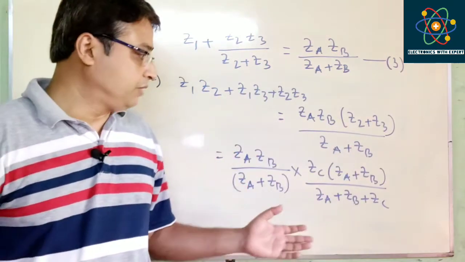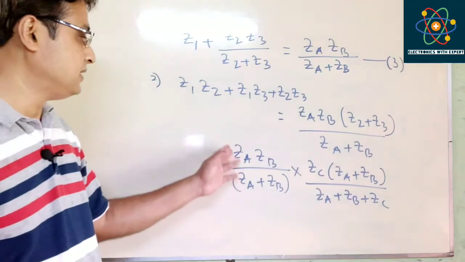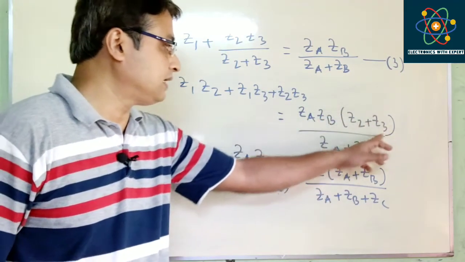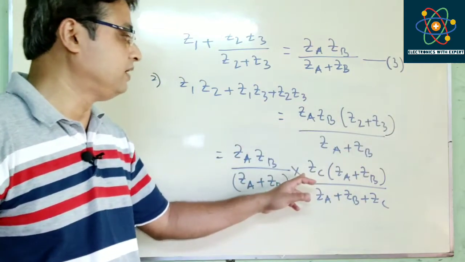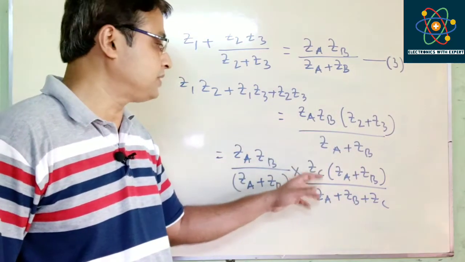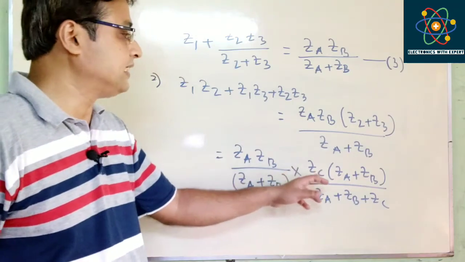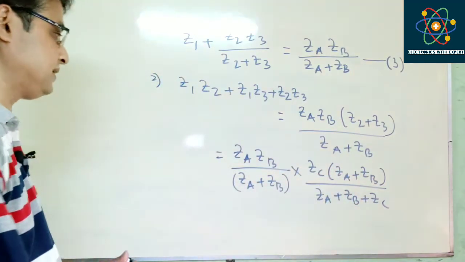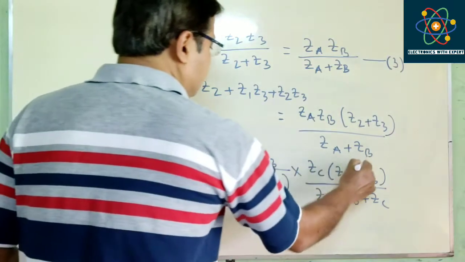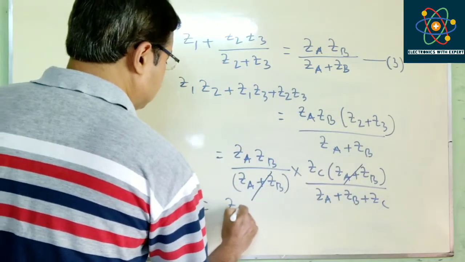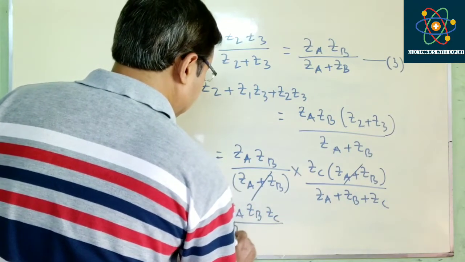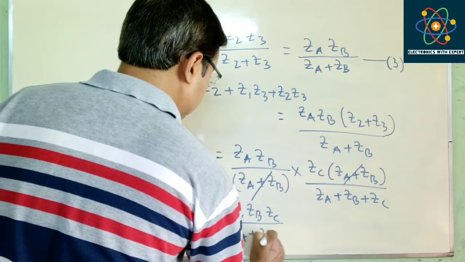So substituting, I get ZA ZB by ZA plus ZB, that is this term, and then for the term Z2 plus Z3, which I have derived earlier, substituting from equation 2, it is ZC into ZA plus ZB divided by ZA plus ZB plus ZC. So we can cancel these two terms and we have ZA ZB ZC whole divided by ZA plus ZB plus ZC.